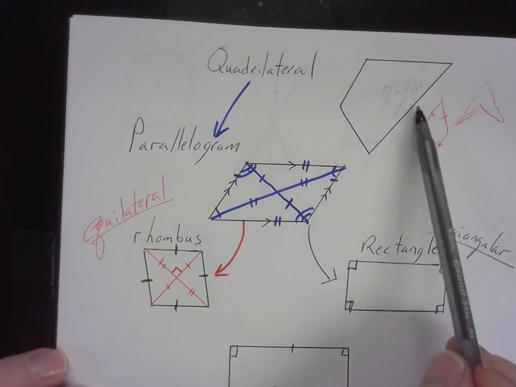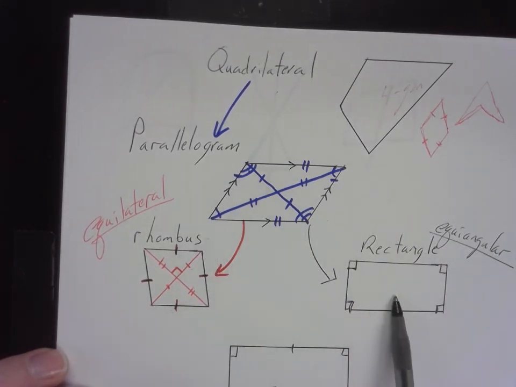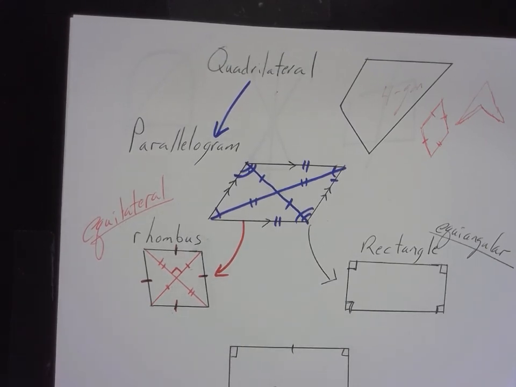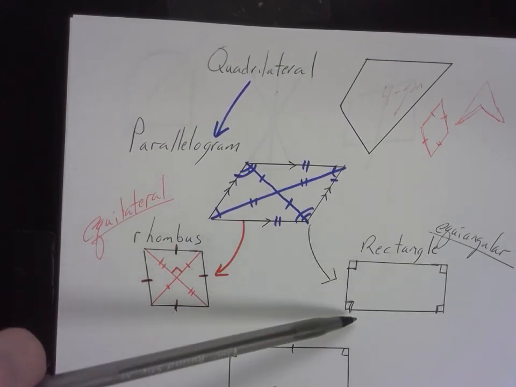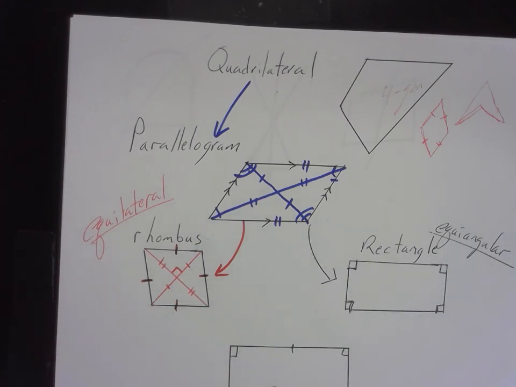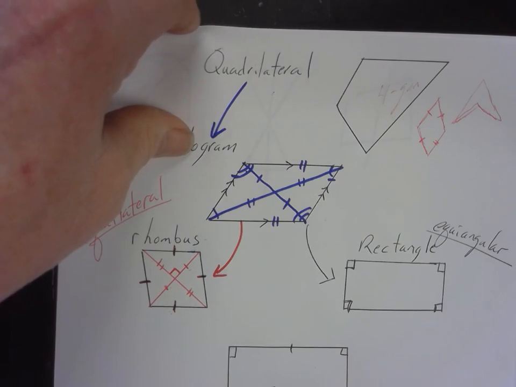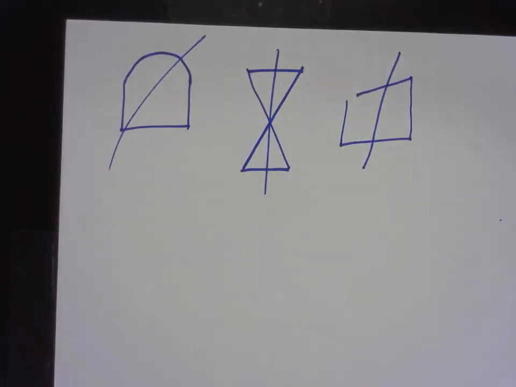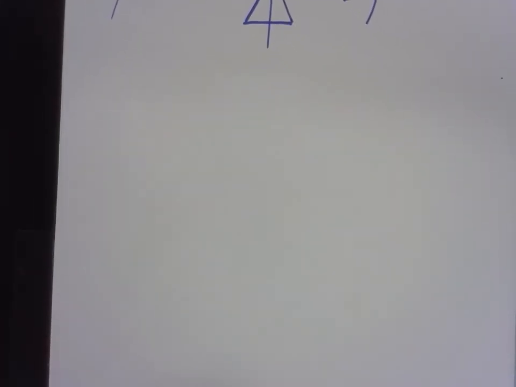All that stuff is true. All the parallelogram stuff is true, but there's a special deal about rectangles, other than that it's equiangular. Do you guys know what it is? You should know what it is. Do you know what it is? Isn't it that their diagonals bisect each other and they're congruent both ways? Yes.